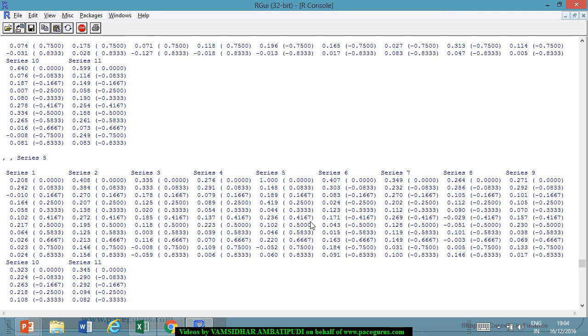The same logic I can apply for going ahead with QQ norm plots as well for each one.